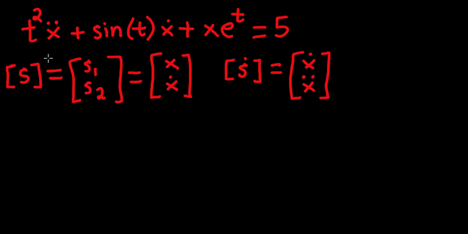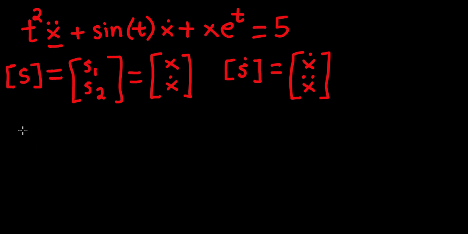Alright, now as we can see, as with before, we're going to have to re-express the highest order derivative in terms of the lower order terms. Again, that's really easy. Just isolate this guy here. We can do that by moving these over to the right and dividing by t squared.